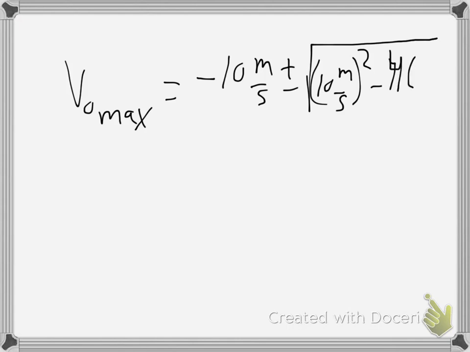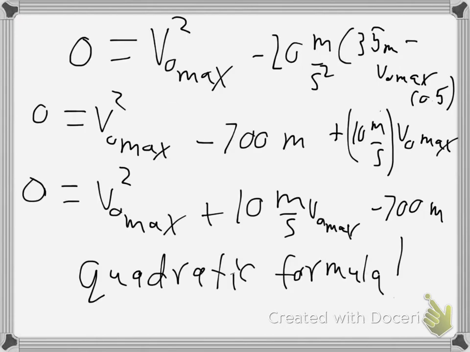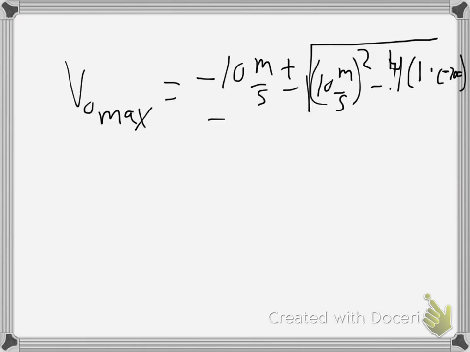Luckily a is just equal to 1, but c is minus 700, and then over 2, because a is also 1.